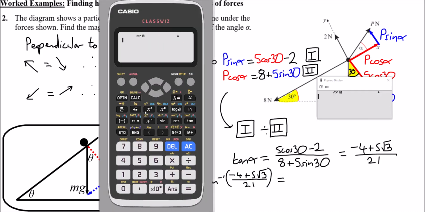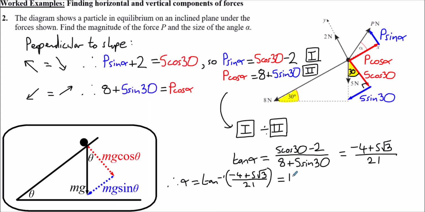If I just do shift tan minus 1 of my answer, I've got 12.5 degrees to 1 decimal place. Now I know that alpha is about 12.5.